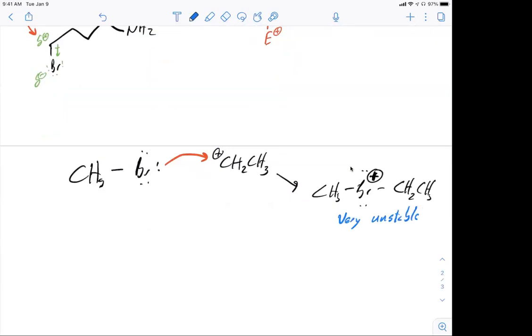So although that lone pair there is likely to react with it, it's not really available. The bromine doesn't like to be positive, right? So this reaction would quickly decay back to the original. So in this case, we wouldn't identify halides as nucleophiles.